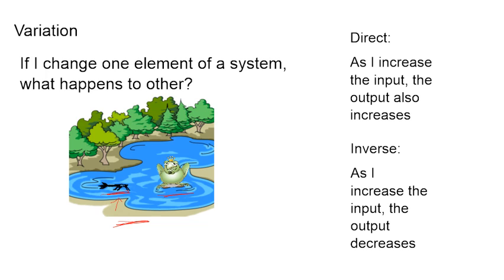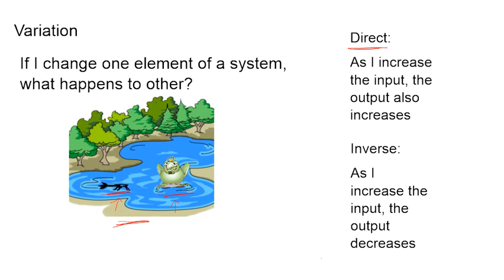Then the frogs might increase as well, or vice versa. If we were to decrease the number of flies, then the number of frogs might decrease as well. So as I increase the input, the output also increases. This is an example of direct variation.